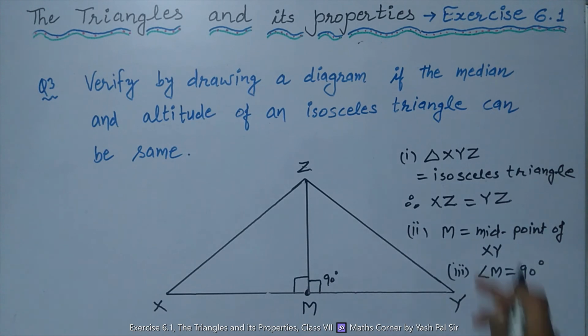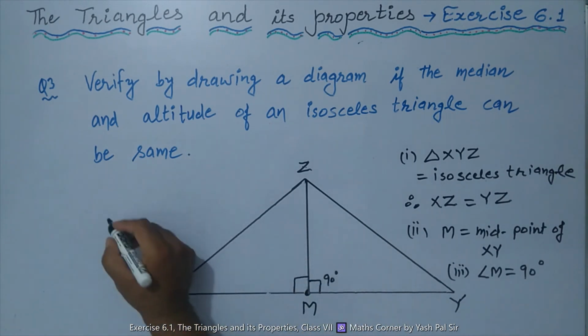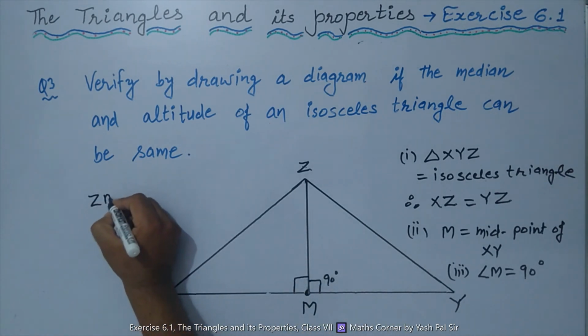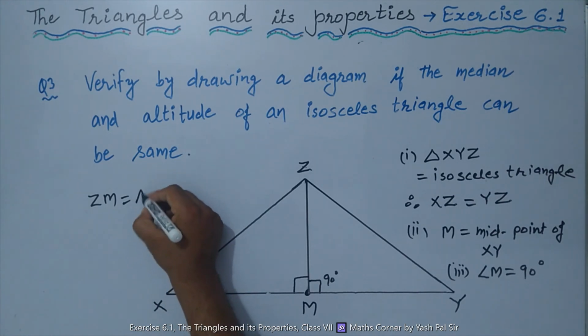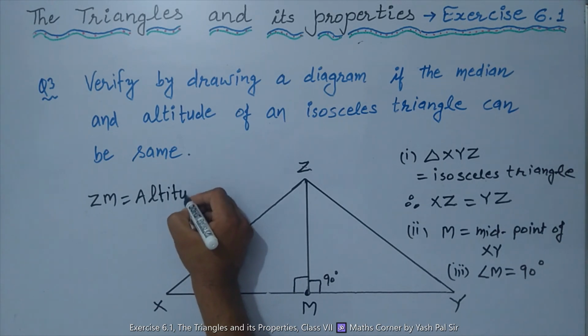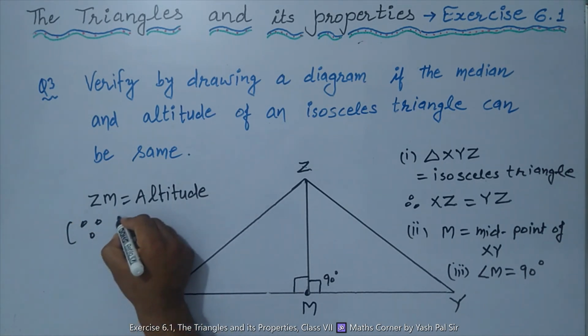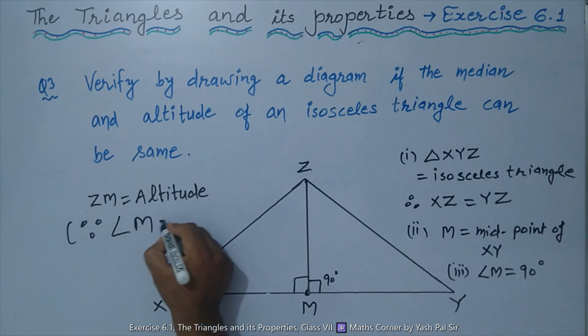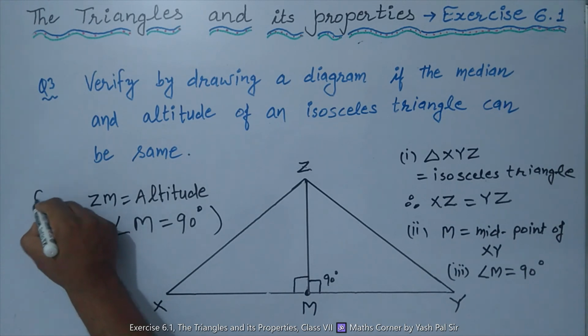So what we say, because ZM is equal to altitude, because angle M is equal to 90 degrees. So this is the A part.